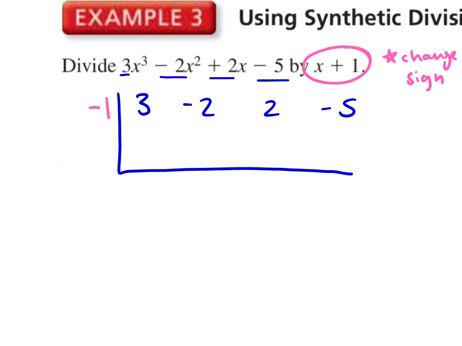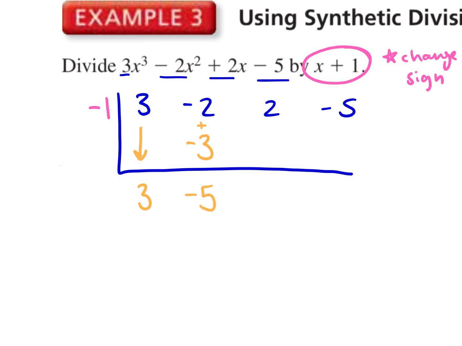When we start, the first step is always drop down the first number. We multiply the outside. So what's -1 times 3? -3. Inside, we add. So what's -2 plus -3? -5.